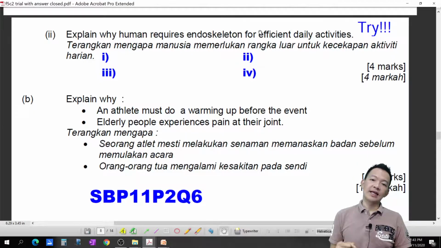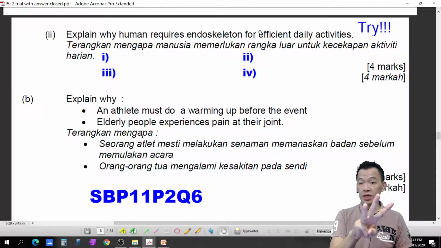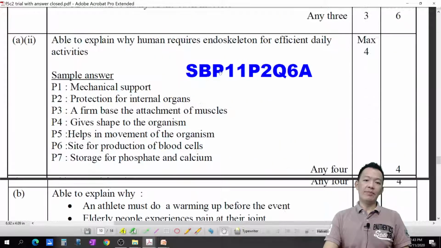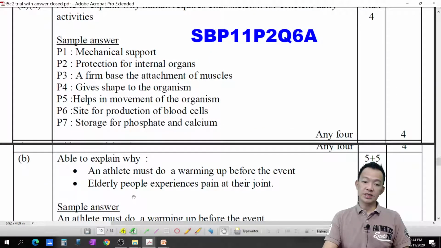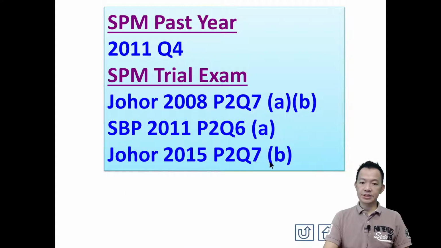We need our endoskeleton for muscle attachment, to enable movement, to provide the shape of the human body, and to protect the internal organs. The answer is the same as your notes.